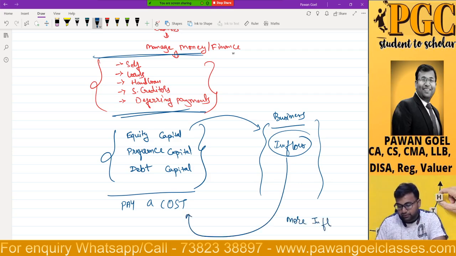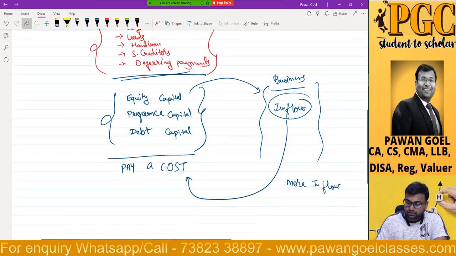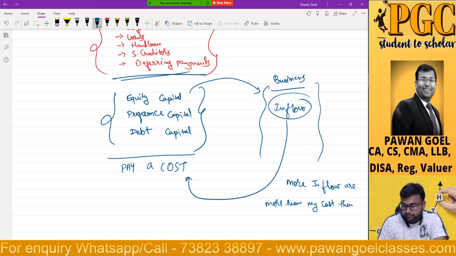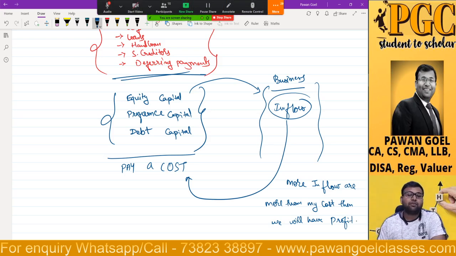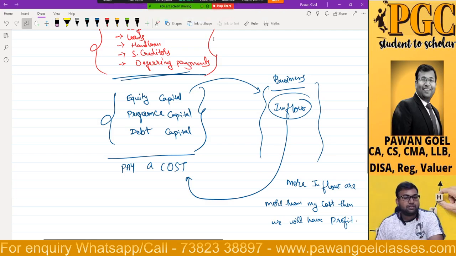If my inflows are more than my cost, then I have profit. Yes, as we were having a profit in a normal scenario. Are we okay with this? Pretty simple explanation which we are having.